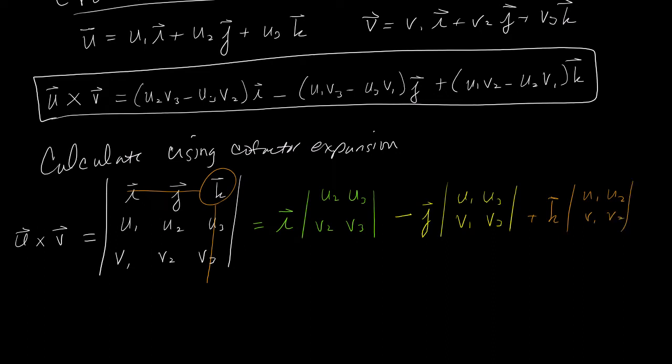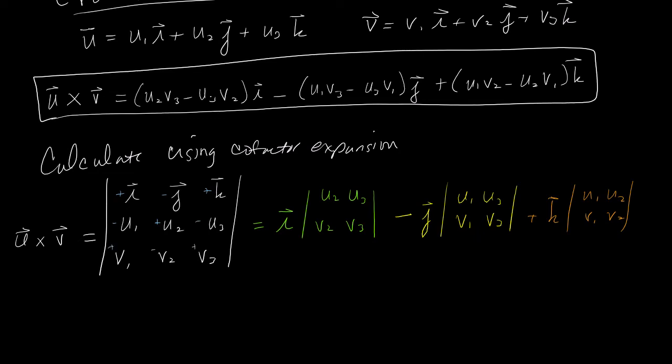Before I go any further, I want to address why I changed to a negative sign right here in the middle. Why did I put a minus sign in front of j? The reason is that we have alternating sign positions in the determinant over here in the matrix. So this is positive, negative, positive, negative, positive, negative, positive, negative, positive.